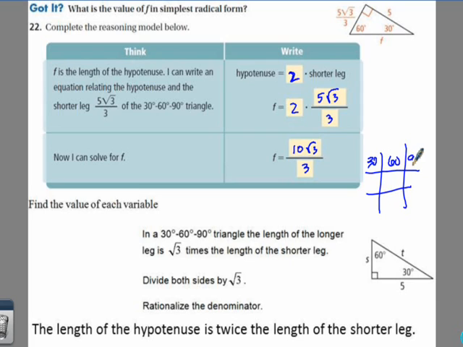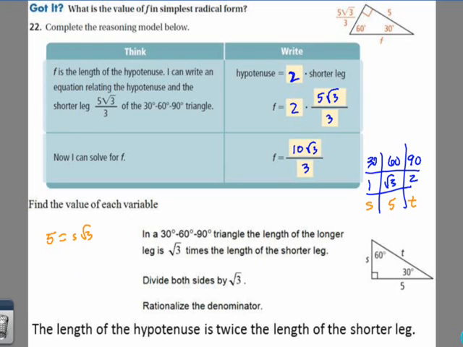So 30, 60, 90. This is 1, square root of 3, 2. On this picture, the long leg is what's given. Okay, so that's 5. The shorter leg is s, and the hypotenuse is t. If we can find the shorter leg, we can just double it. Okay, so the shorter leg is going to equal, and if we cross multiply here, we get 5 equals s times the square root of 3.